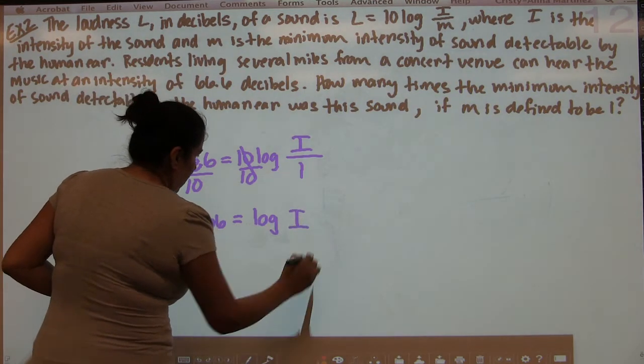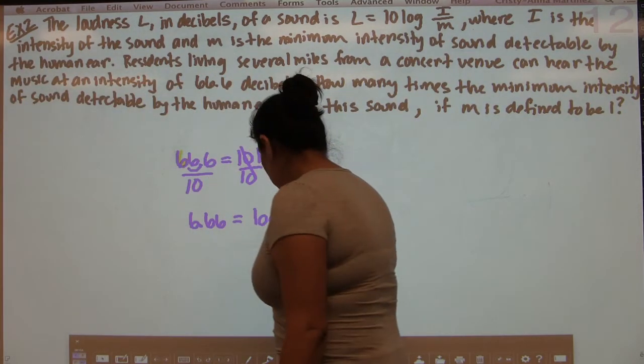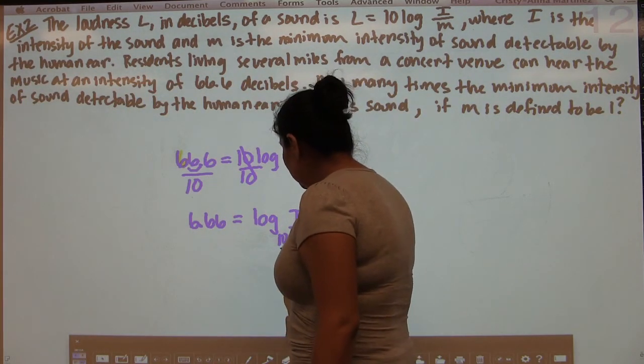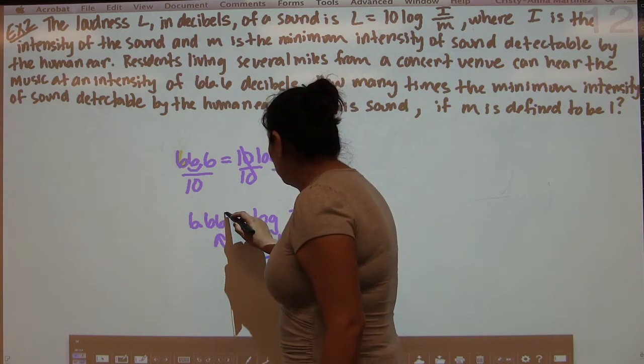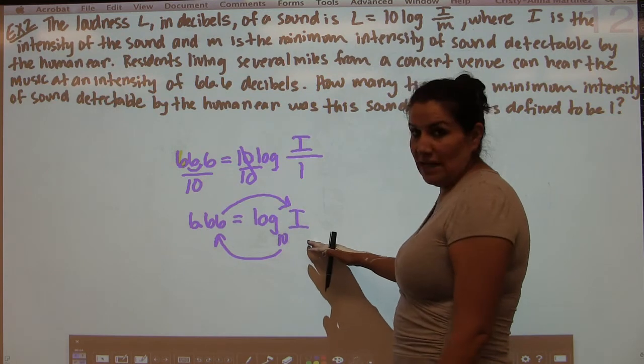Again, it doesn't explicitly have a base, and when it doesn't, we assume that it is a base 10. So what this is asking us is 10 to the 6.66 power. Remember that we can take the logarithmic form and write it in exponential form.